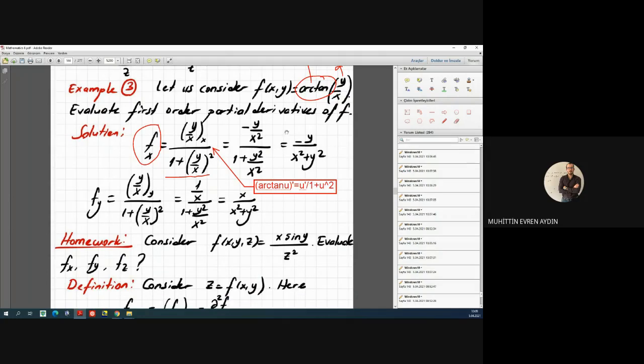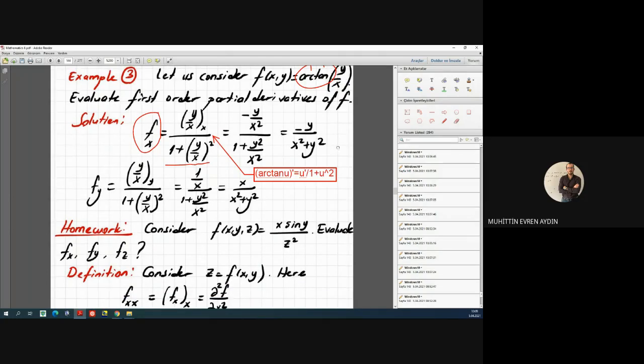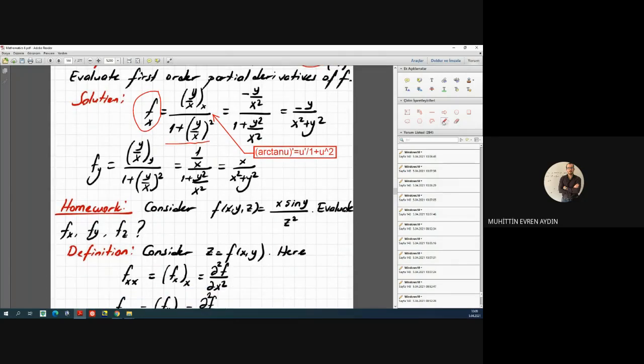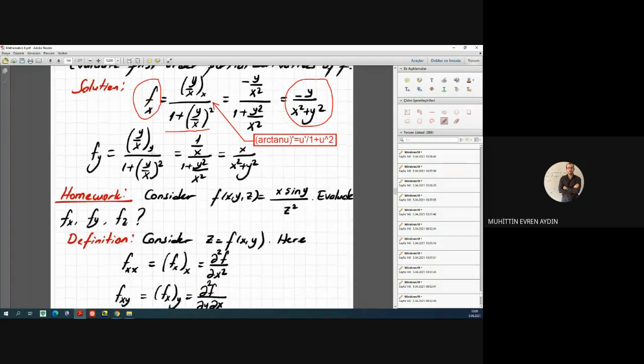After applying this rule and the partial derivative, you can easily arrive at this result, and symmetrically f_y, the derivative of this statement with respect to y.